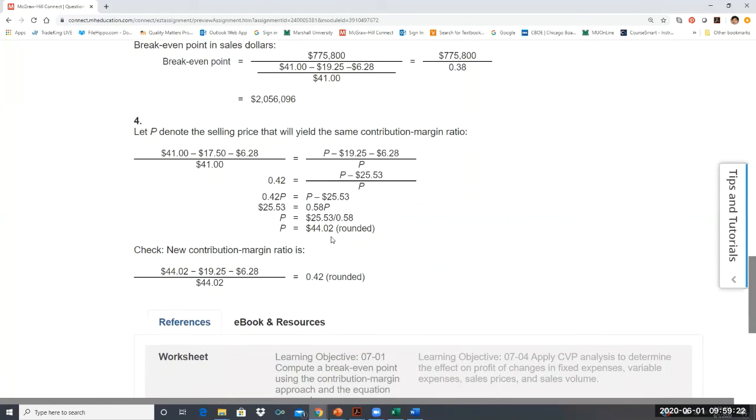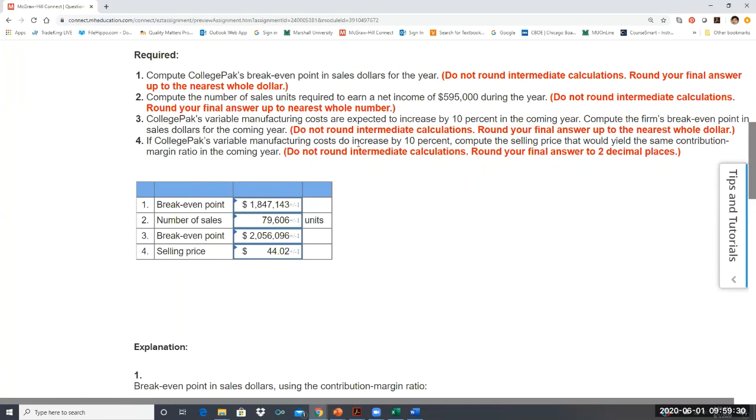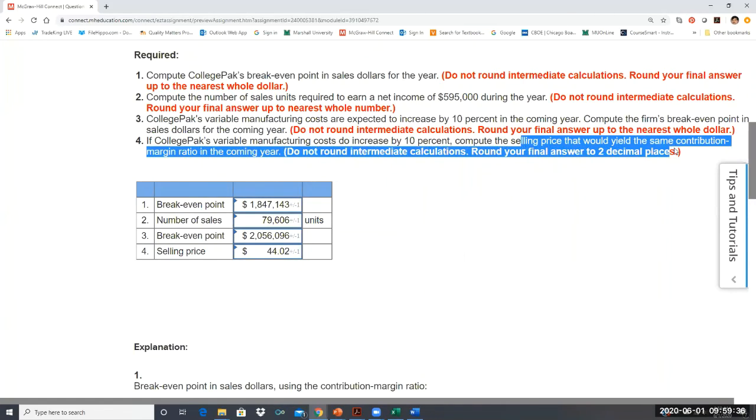So there is nothing which should be an issue. And wherever it says a question like it will yield the same contribution margin, or you're indifferent between the two choices, you basically put it in an equation form and equate the two situations to each other, and solve for the number.